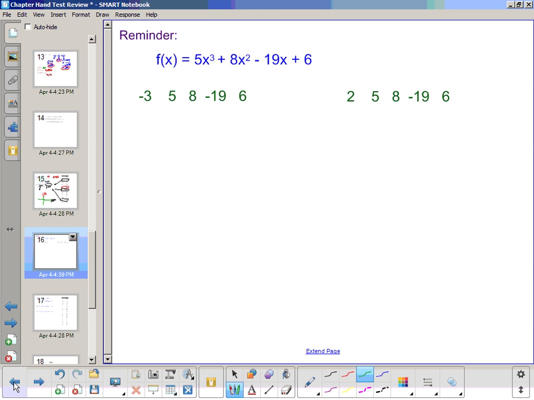And if you notice this array of values, we could be doing this operation right here, which I'm sure most of you are thinking of as synthetic division. So I'm going to go through the motions for both of these.